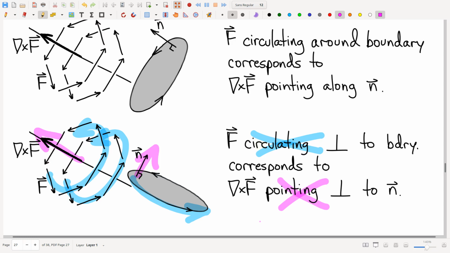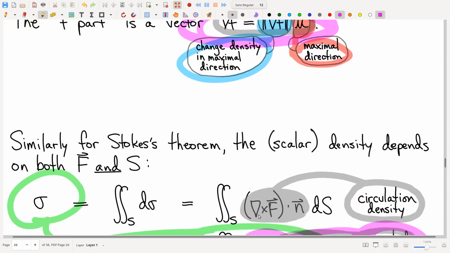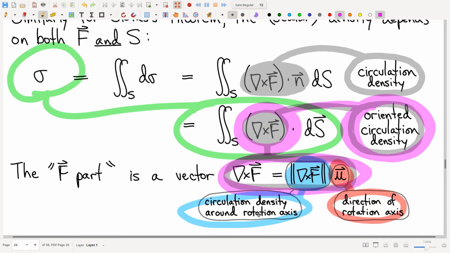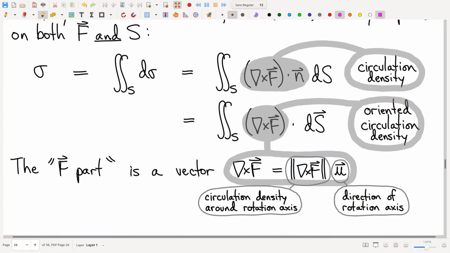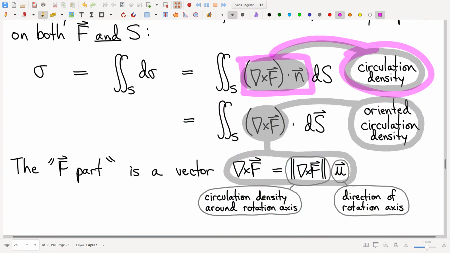So anyway, this is just a plausibility argument that curl dot n is doing what I'm claiming, namely measuring circulation density. Okay, so whatever that's worth.